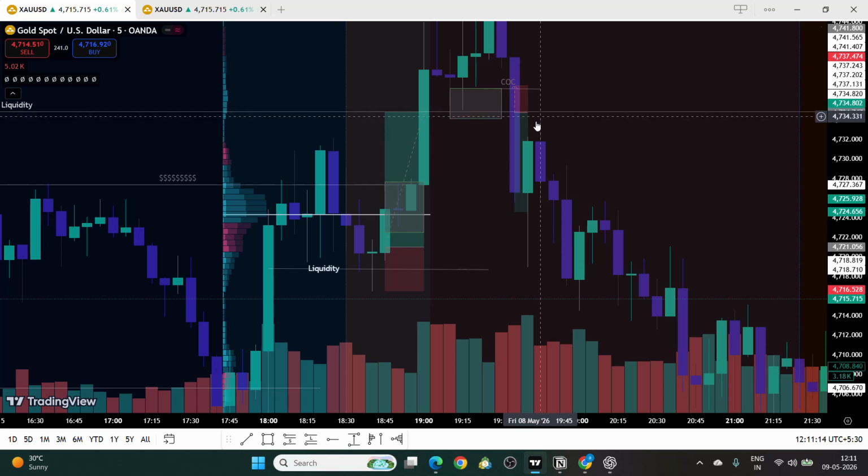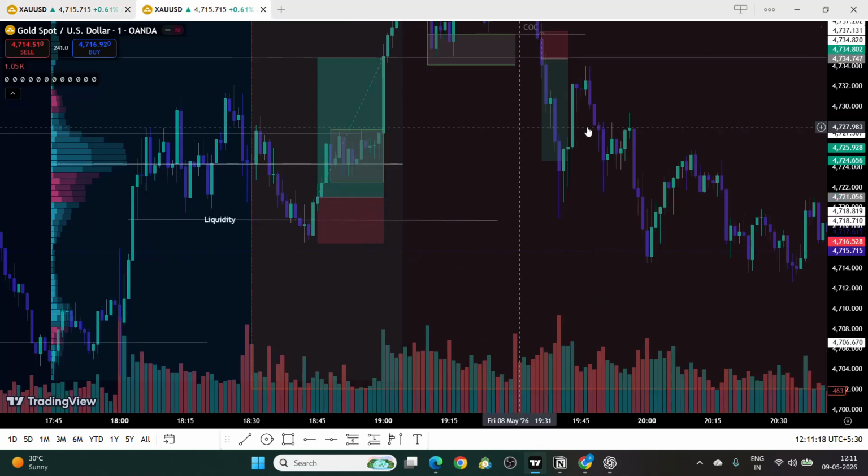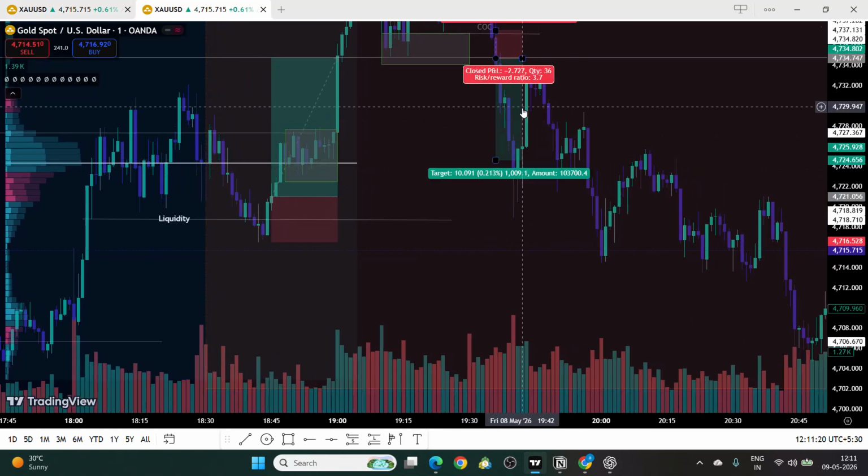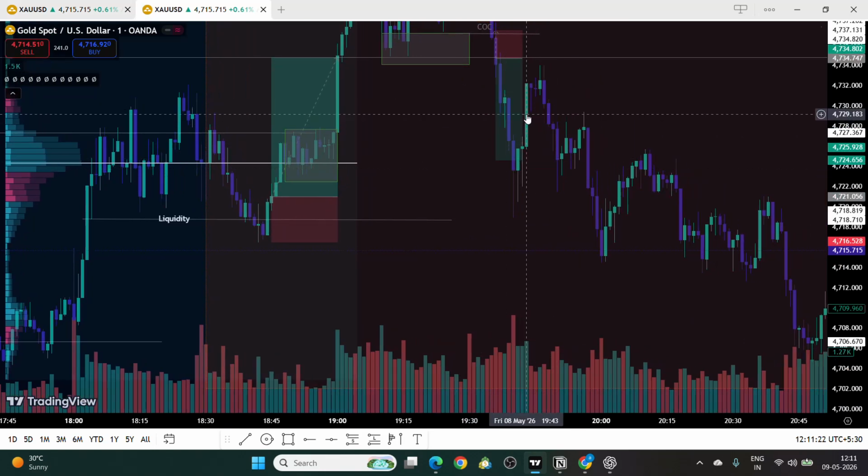So we can definitely have one more entry from here in the 1 minute time frame, once it starts taking the low and closes with this perfect high candle with full volume.